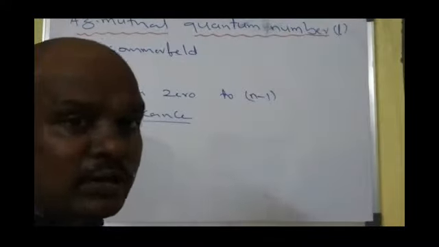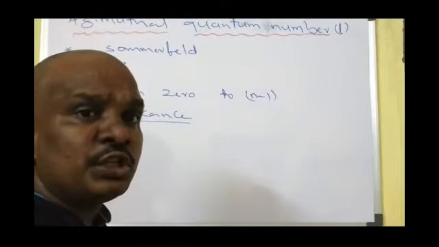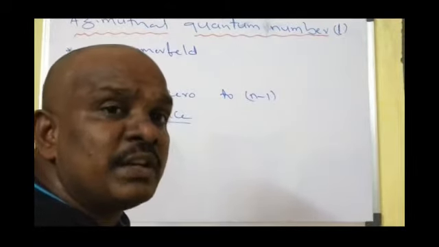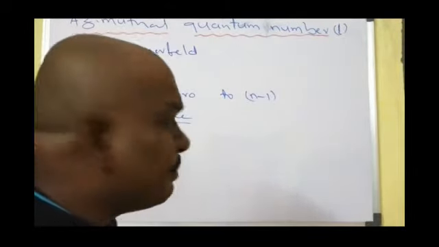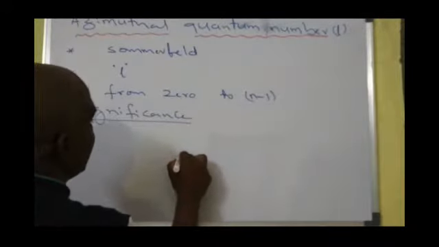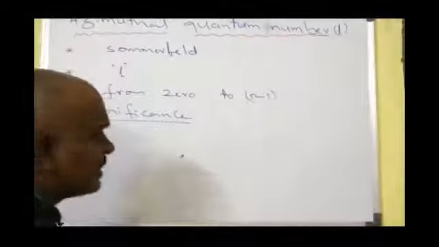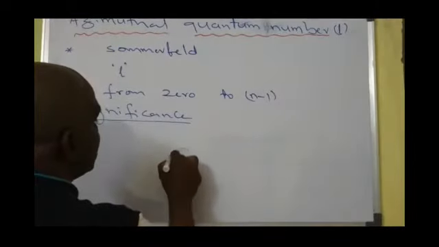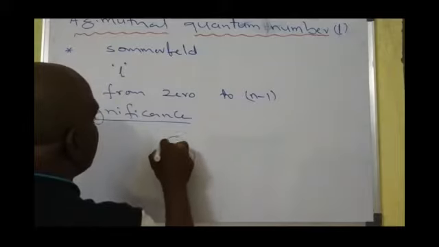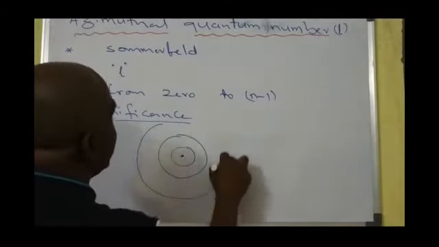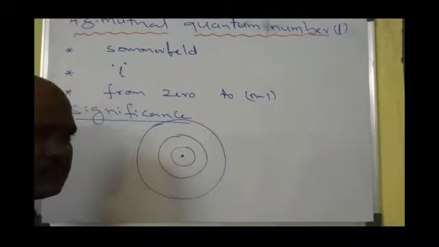You see now, the main significance of the azimuthal quantum number is that it is used to explain the spatial distribution of electrons. What does spatial distribution of electrons mean? This is the center of the nucleus. This is the first orbit, this is the second orbit, and this is the third orbit.